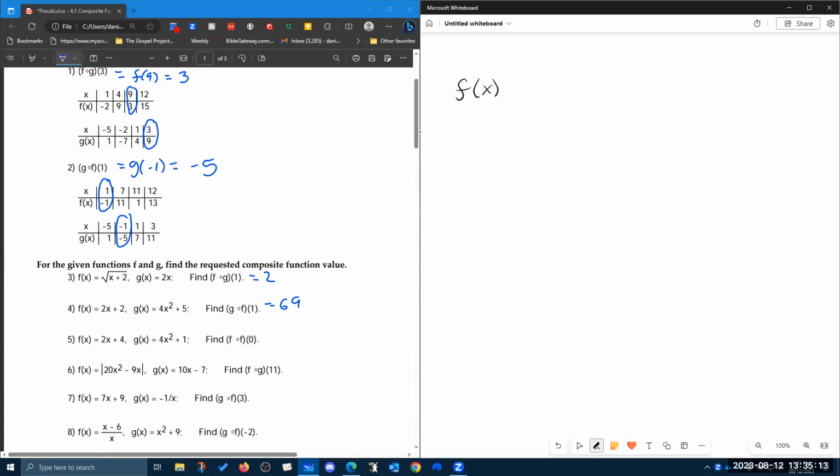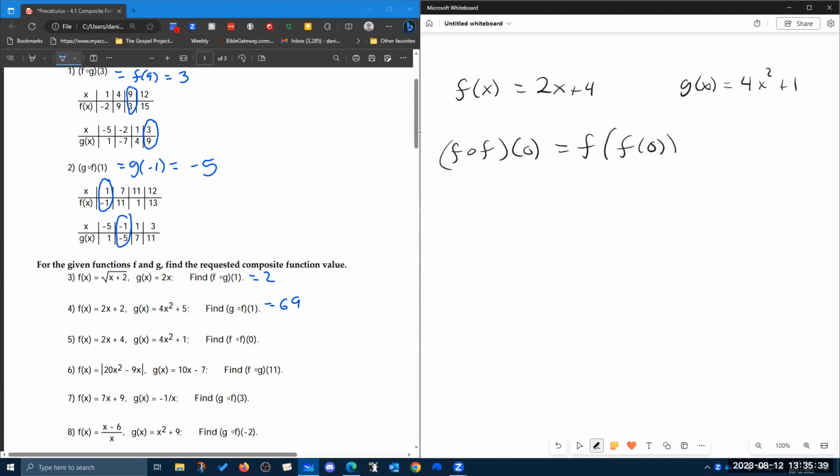f of x is equal to 2x plus 4. g of x is equal to 4x squared plus 1. And we want f of f of 0.